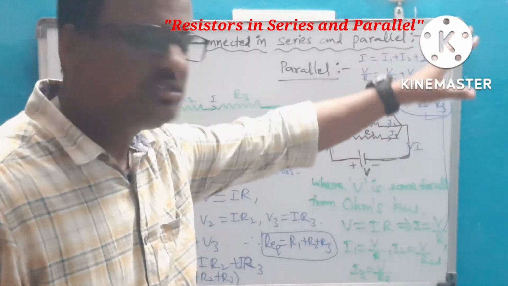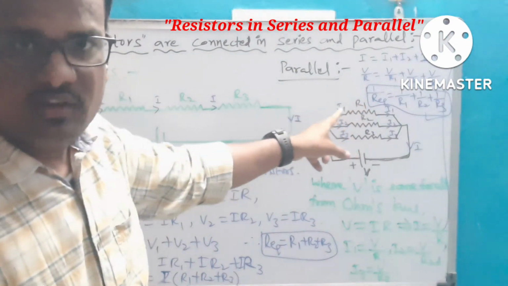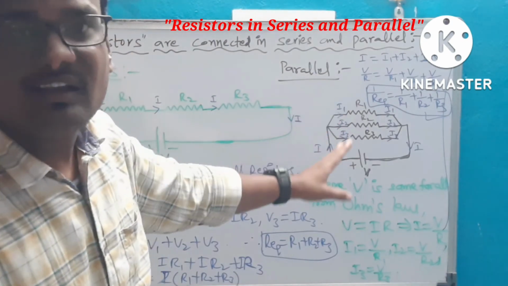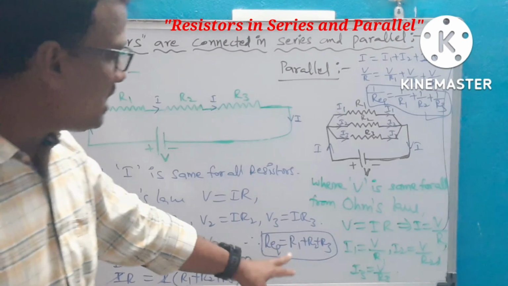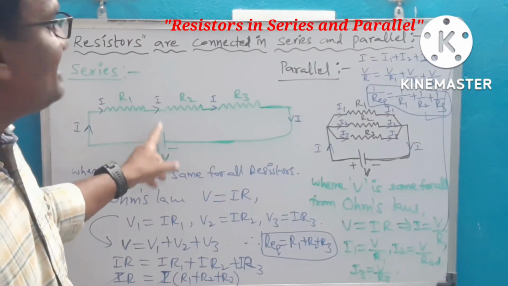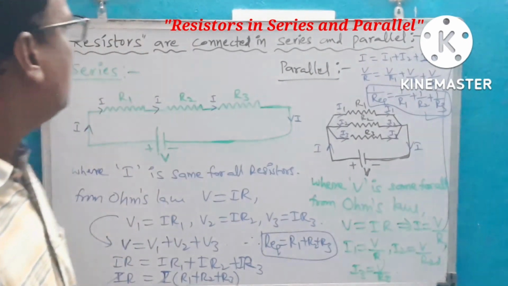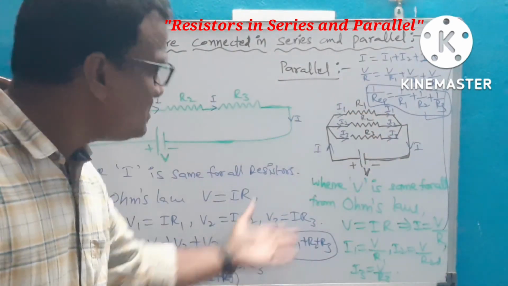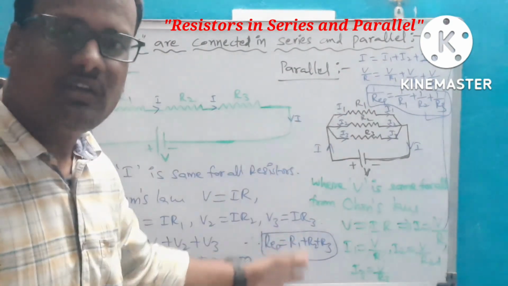This is the expression for the equivalent resistance of resistors connected in parallel, and R equivalent equal to R1 plus R2 plus R3 is the effective resistance for resistors connected in series. So this is about resistors connected in series and parallel, and those equivalent resistance equations are derived here.